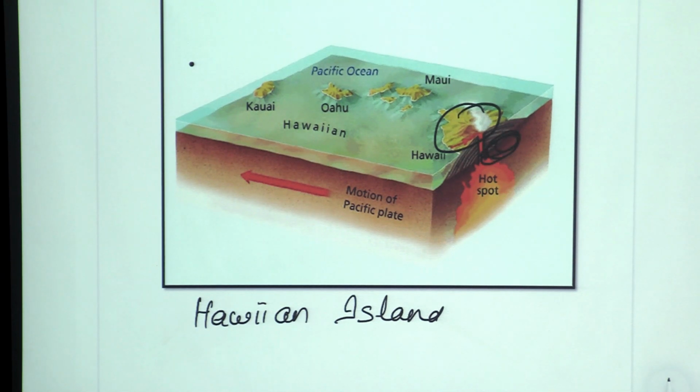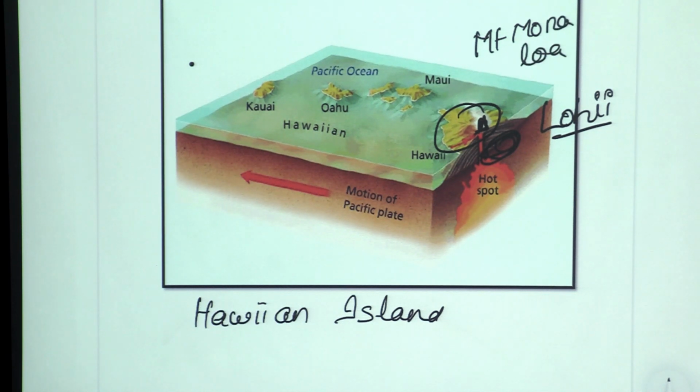There is a new island which is getting formed. It is called Loihi. And right here we have Mount Mauna Loa. And this is the plate movement. If I go older than this, we have the Emperor Seamount.